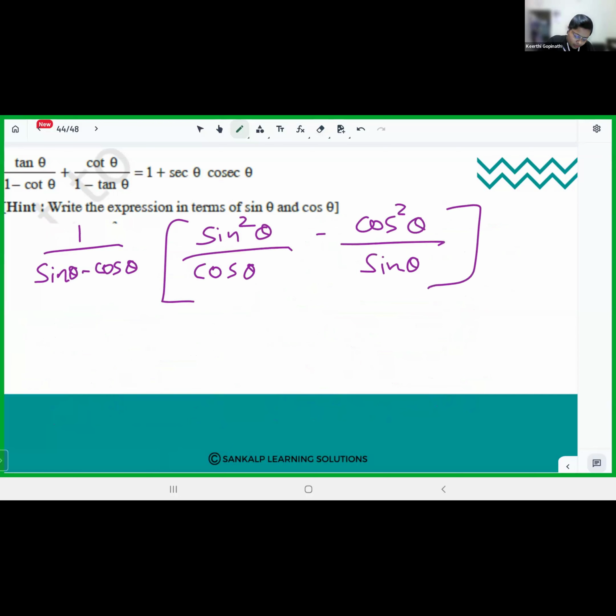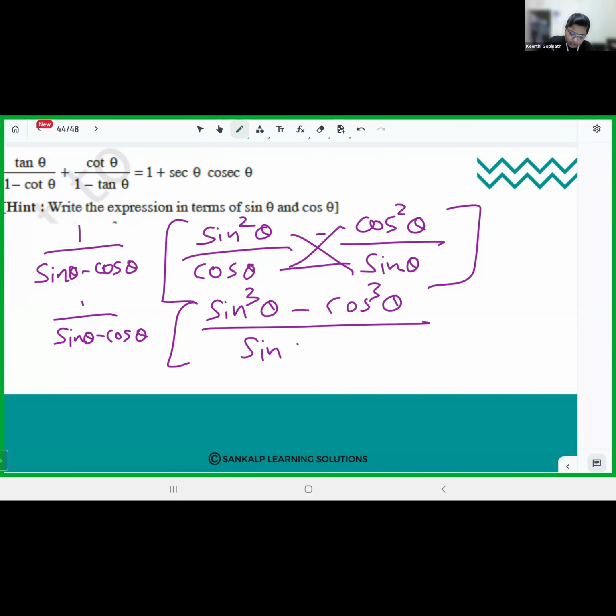Again simplify this: if you cross multiply it, sin cube theta minus cos cube theta divided by sin theta cos theta. This is a little bit complicated problem, but if you practice properly, you'll get it. Sin cube theta minus cos cube theta is in the form of a cube minus b cube.